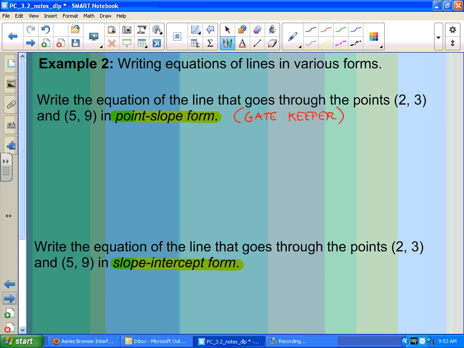A slope-intercept means I need to have a slope, and then specifically the point is a vertical intercept. And standard form is really the only one that's named in such a way that it doesn't tell me what I need. So don't have any tricks on standard form. But we can get to standard form from either slope-intercept or point-slope.